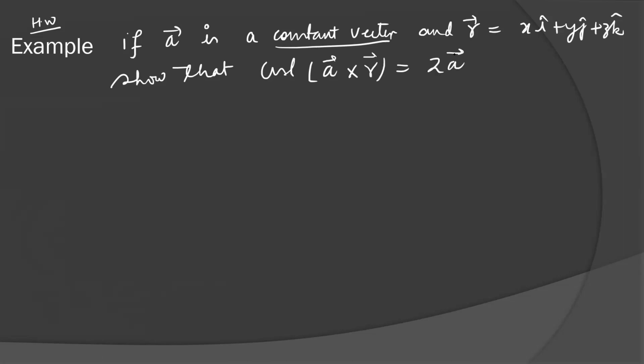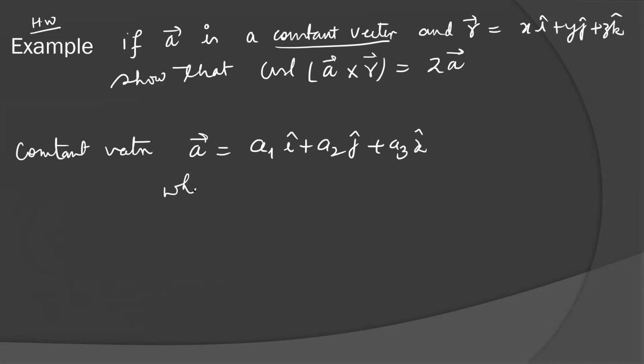Constant vector means vector A is defined as A1 i plus A2 j plus A3 k, where A1, A2, A3 are constant values.